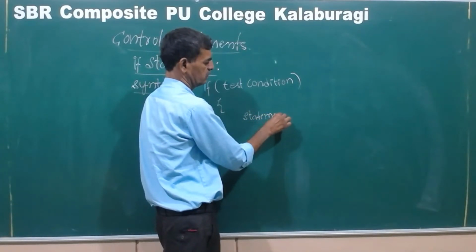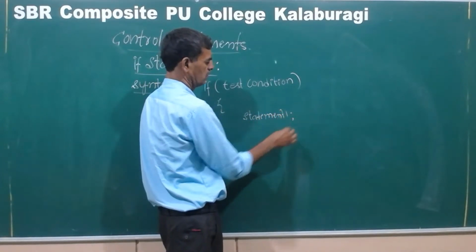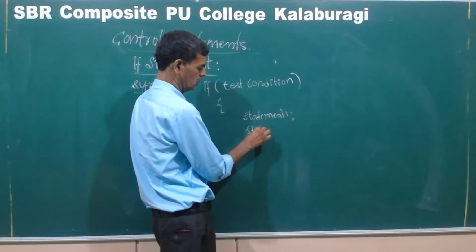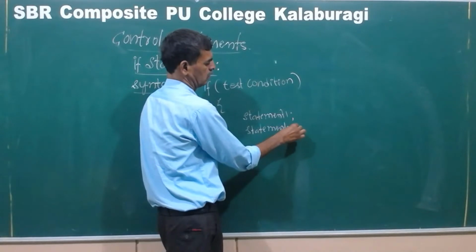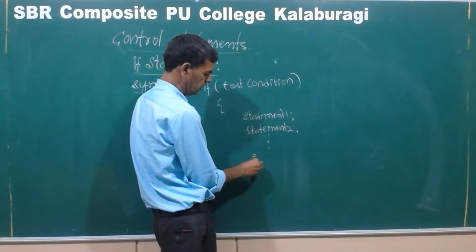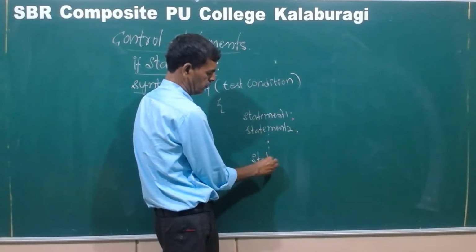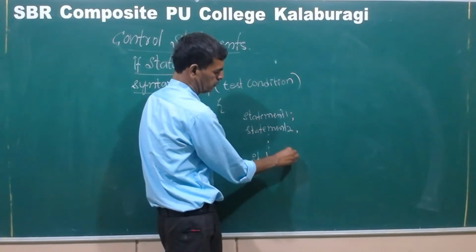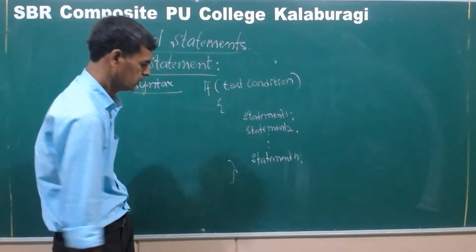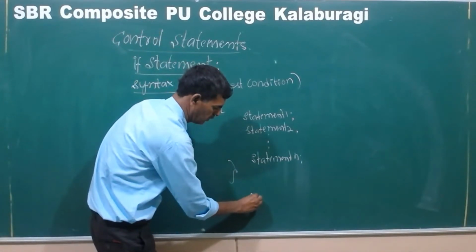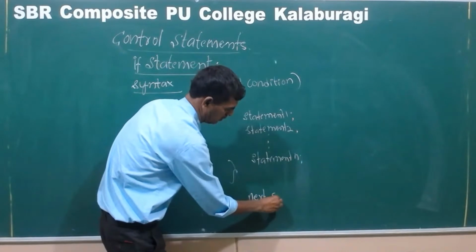Write statements here: statement 1, statement 2, up to statement 10. Close this. Then the next statement, which is outside the if block.